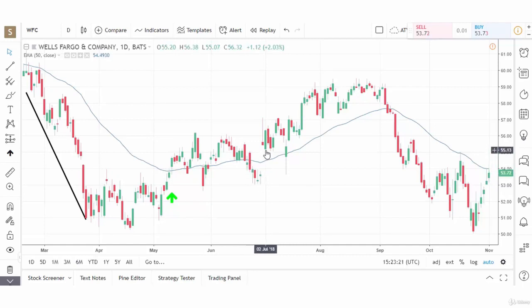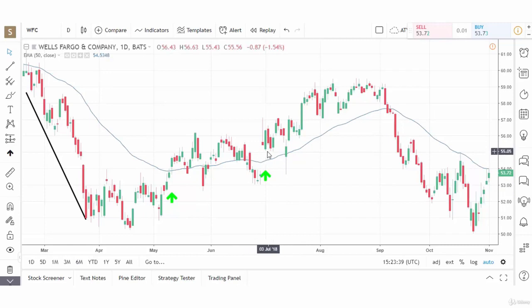And then the stock moves above the EMA again here in June. Closes above the EMA in July, so we're still above, we're still long the stock.